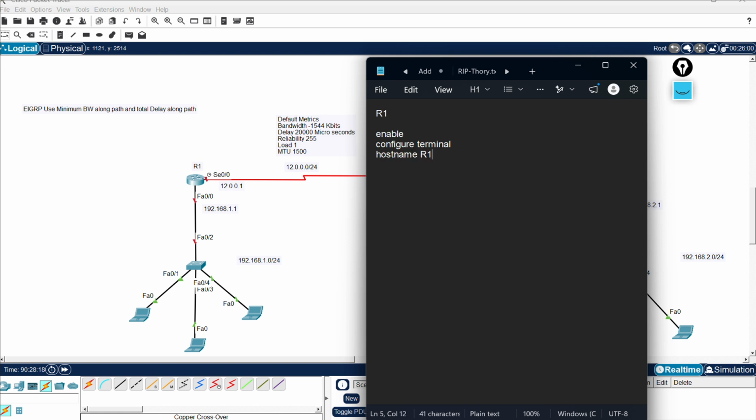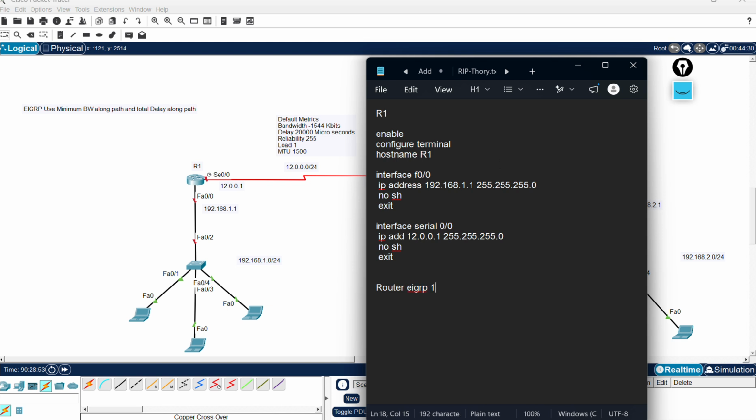Hostname is R1, interface F0/0, IP address 192.168.1.1, 255.255.255.0, no shutdown. Exit. Interface serial 0/0, IP address 12.0.0.1, 255.255.255.0, no shutdown. Exit.